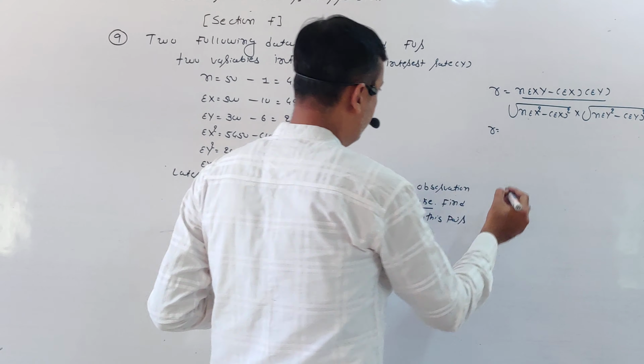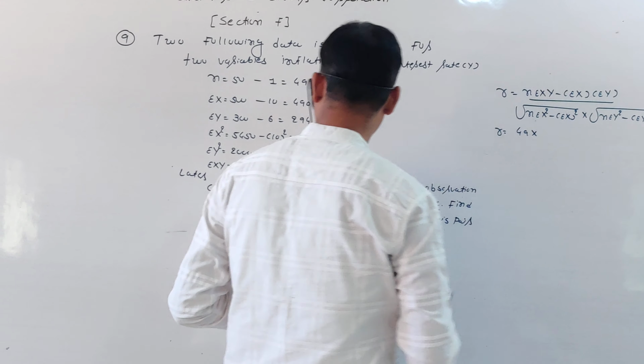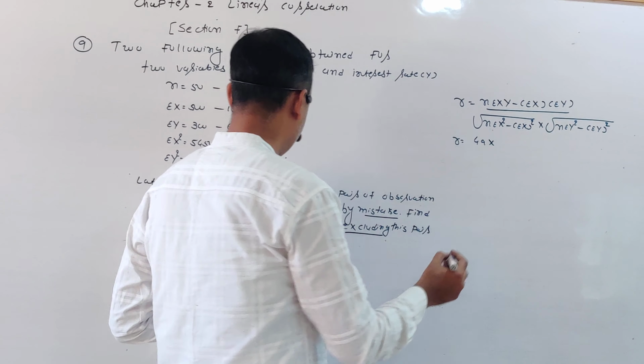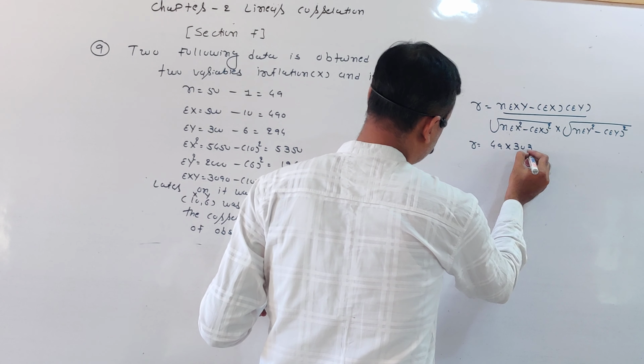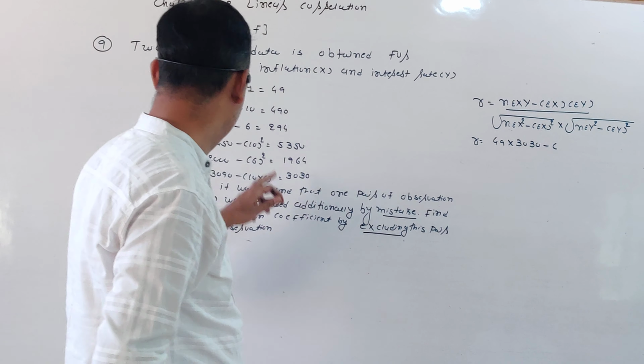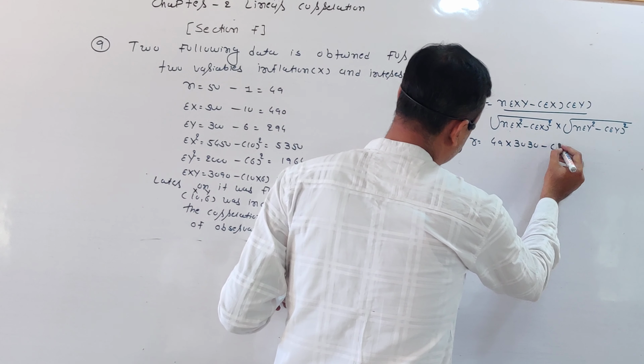n is equal to 49. Sigma xy is 3030. Sigma x is 490.